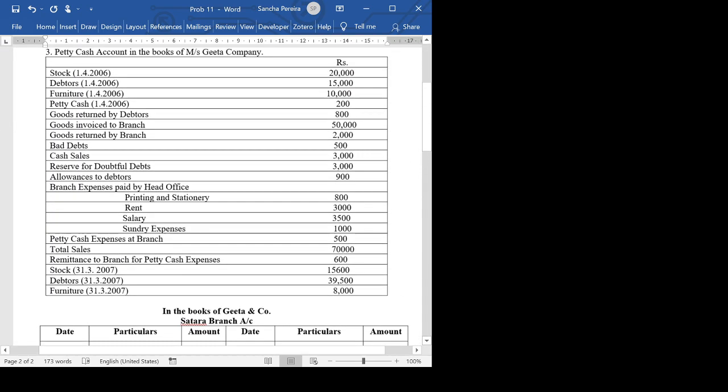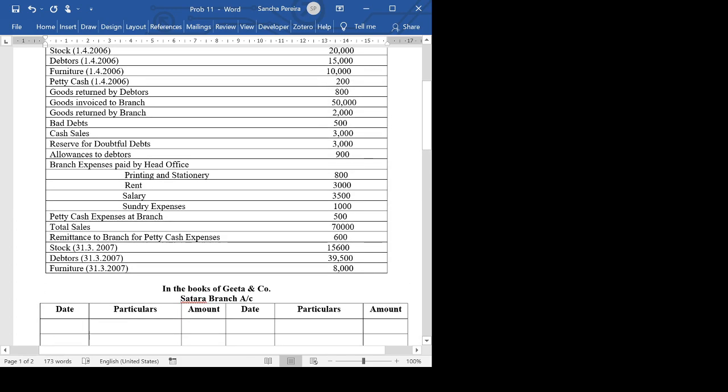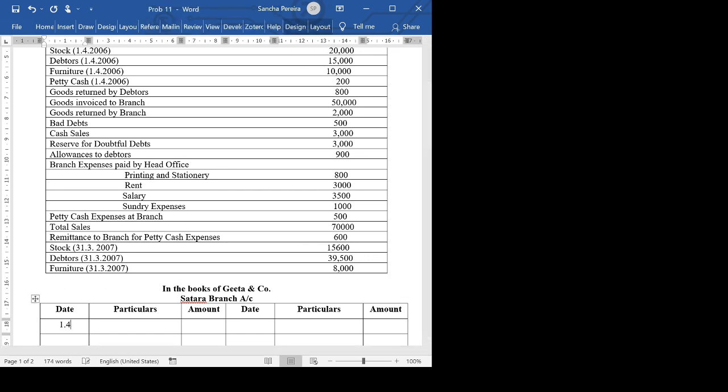Okay, so let's start posting the items. We have on 1st April 2006, to balance brought down. Stock is 20,000.